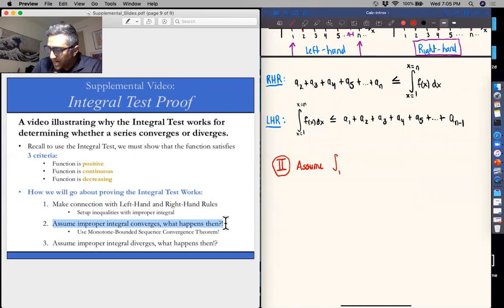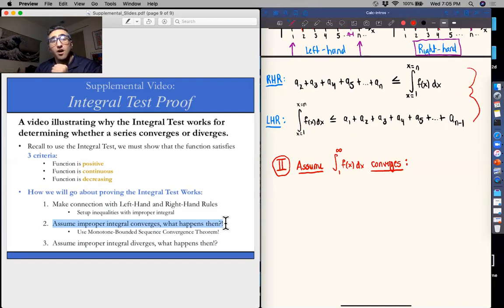That means we're now considering the full improper integral from x equals 1 to infinity of f of x dx converging. Again, we're assuming that this improper integral converges, and what we're hoping to see is what that implies about our infinite series. And you may have guessed it, we're going to use these types of inequalities that we just thought about above.